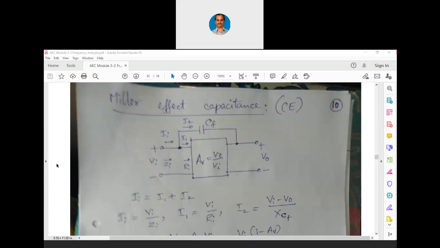As you already know, the low frequency response is because of the external capacitors that are in the circuitry, whereas the high frequency response is basically because of the leakage that is happening inside the device, and because of which there are internal stray capacitances, also called parasitic capacitances.